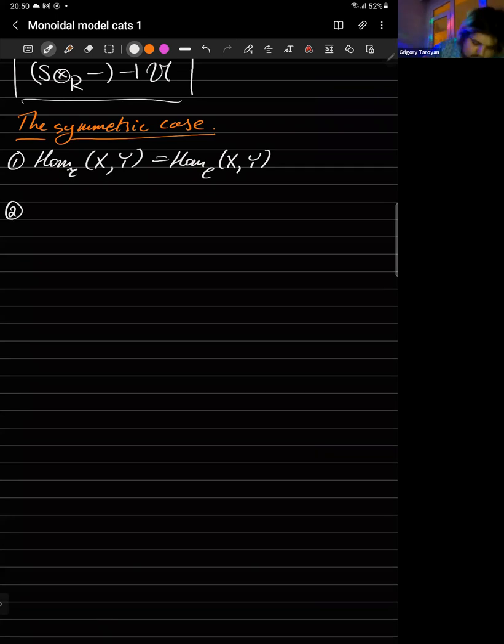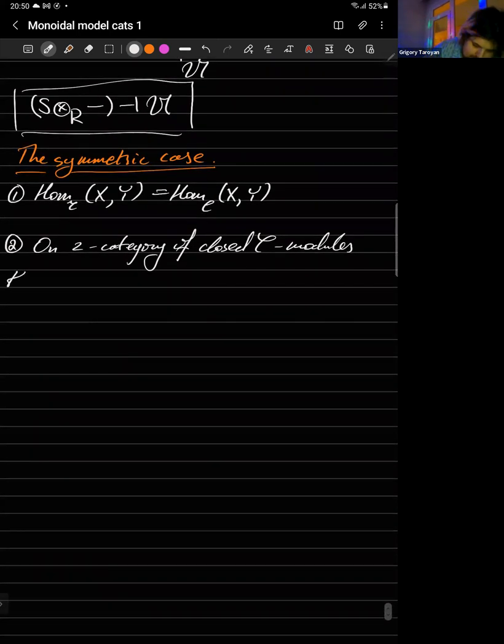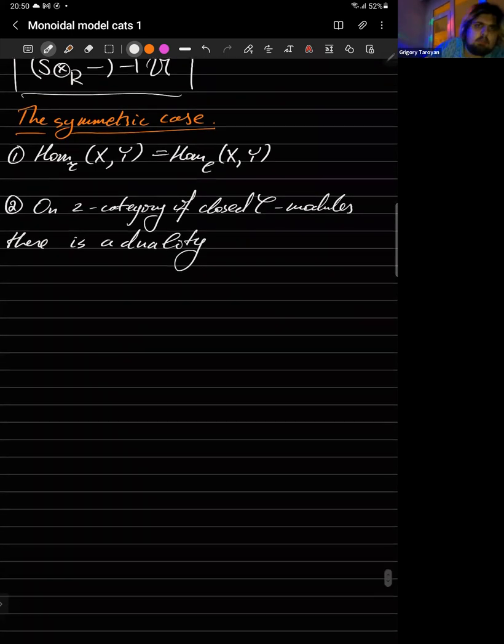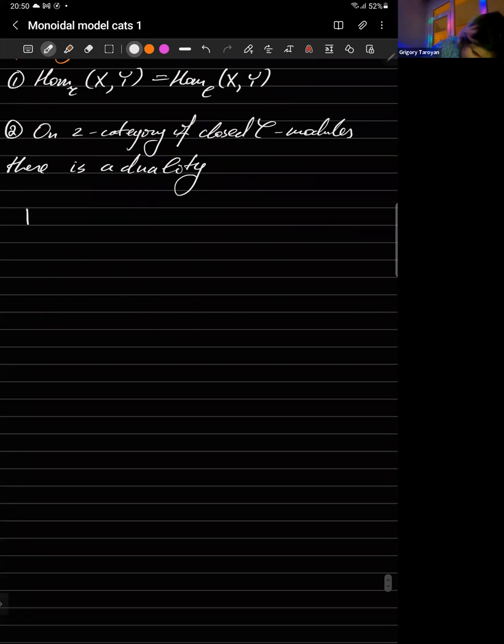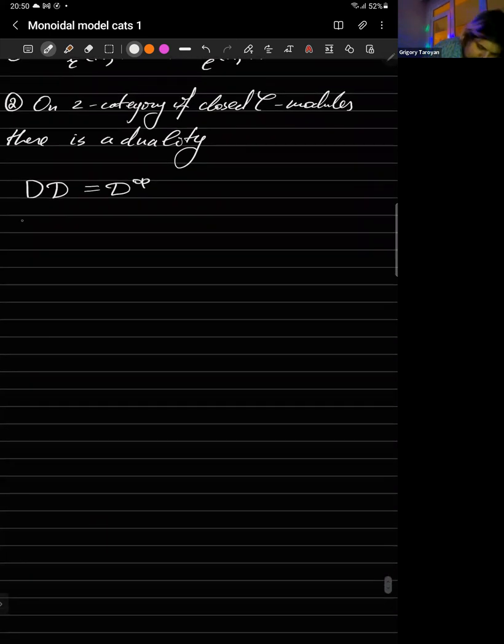The second thing is that on the category of closed C modules, there is a duality. So this duality works like this. We just take an opposite category and we construct a C action like this.